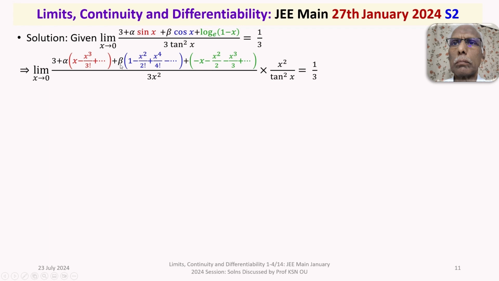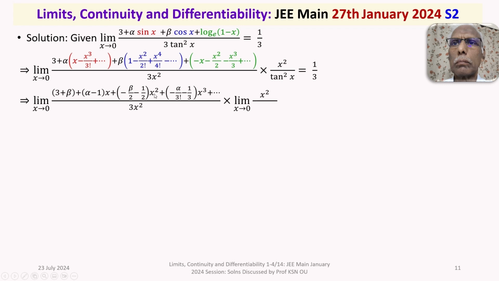Then the coefficient of x square, we write minus beta by 2 minus 1 by 2 bracket x square, plus the higher powers of x, that is x cube, x to the power of 4, so on and so forth. So limit x tends to 0, 3 plus beta, plus alpha minus 1 into x, minus beta by 2 minus 1 by 2 x square, plus minus alpha by 3 factorial minus 1 by 3 x cube plus so on. So 1 by 3x square into the limit of the product is equal to the product of their limits.